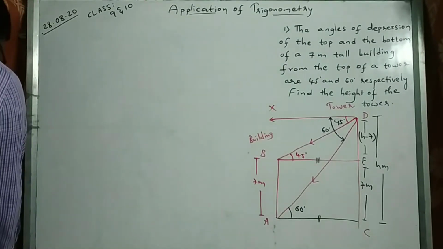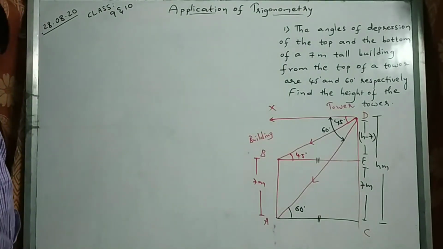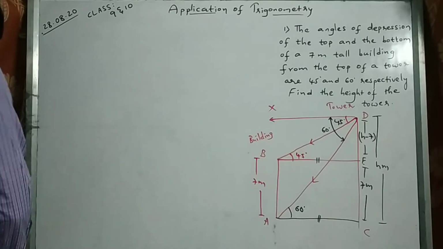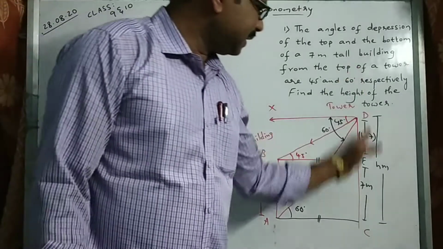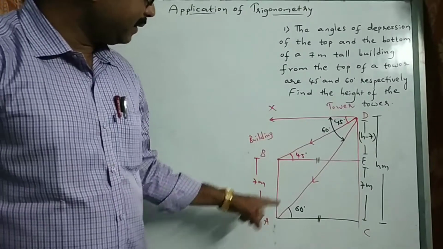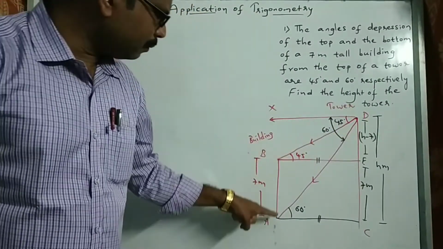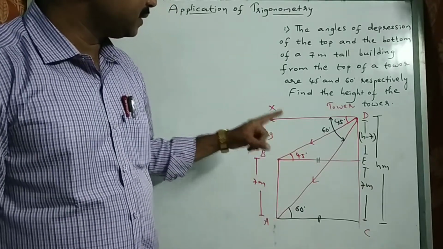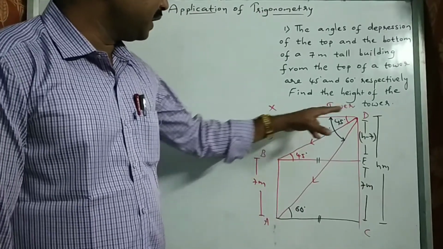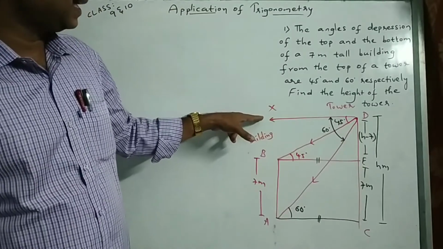So we'll do the solution now. See, this is the tower and this is the building. From the top of a tower, observing the top and bottom of the building with the depressions. In the case of depression, I told you there should be one horizontal line.